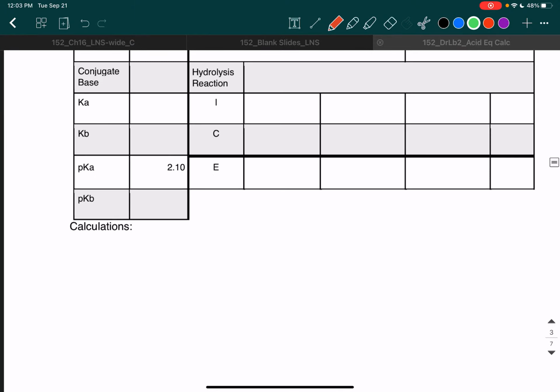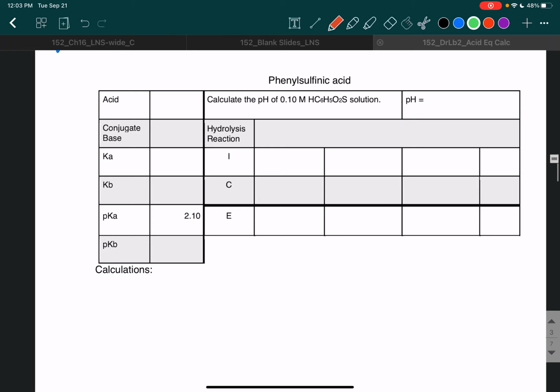Now, I do want to point out something here. This phenylsulfonic acid, I just needed to find one that fit my need here. It has a pKa of 2-ish.